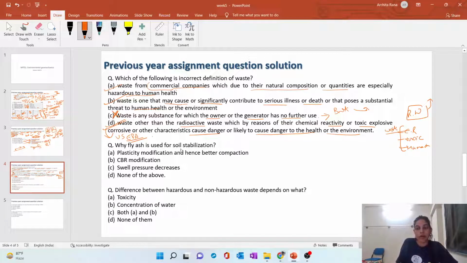Another question is about soil stabilization. In the last class I discussed that in many concrete industries, along with soil or along with sand, fly ash is also used. And fly ash is what? Fly ash is basically a waste of the coal industry.